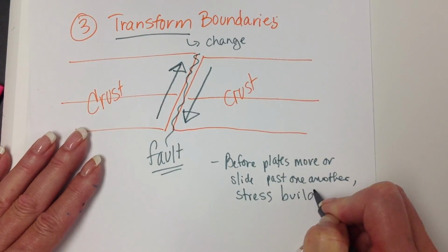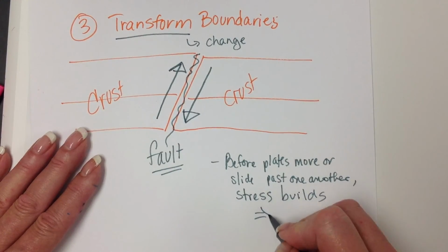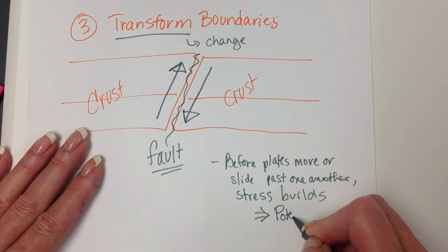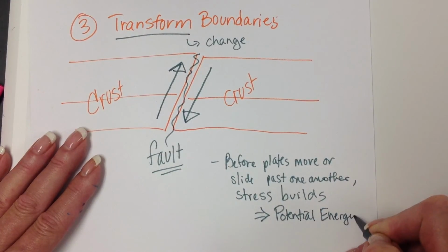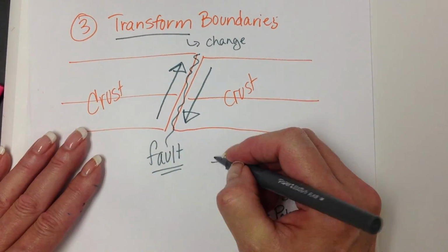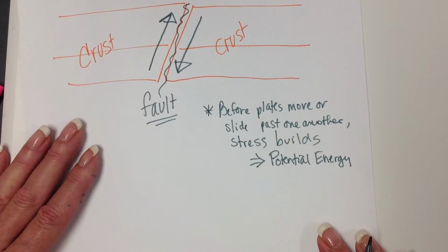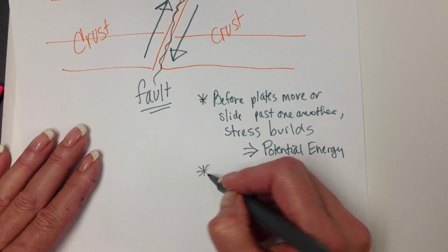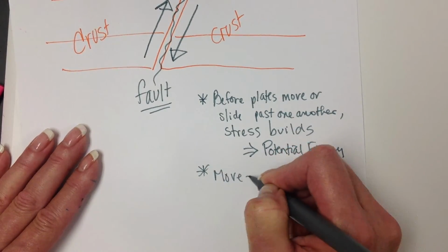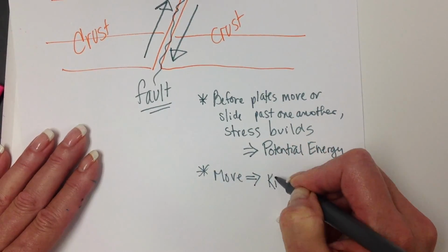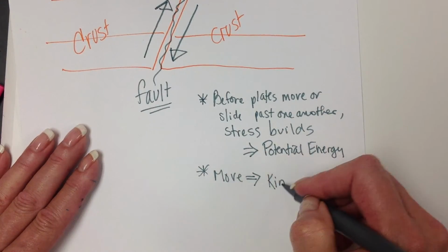Another word for what's building up is potential energy. Or stored energy, right? Once they actually move past each other, as soon as they move, we're releasing kinetic energy because it's changed into motion now.